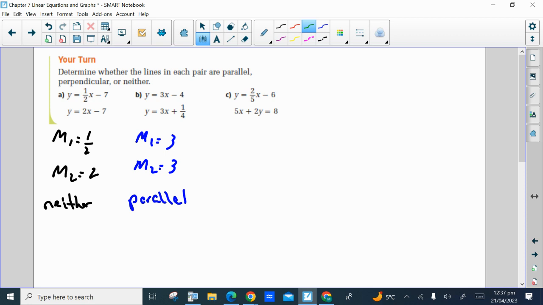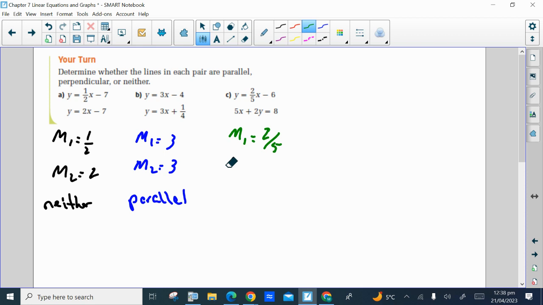Looking at the equations for question C, do we know the slopes of those two lines? Do we know the slope of any of the lines? That's the slope of the first one. So what do we need to do to find the slope of that second line? What is slope-intercept form? Y equals mx plus b.